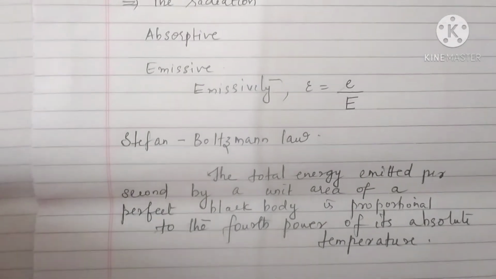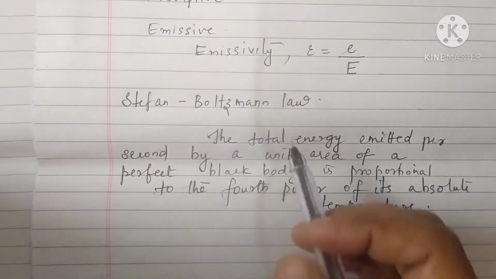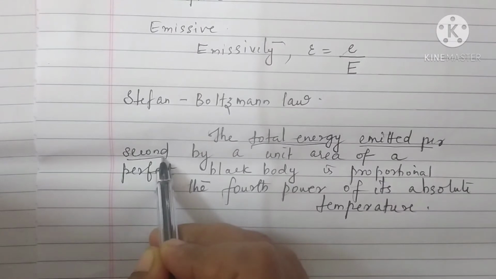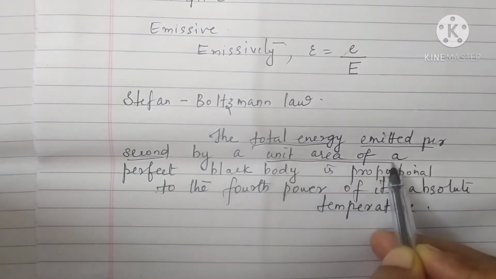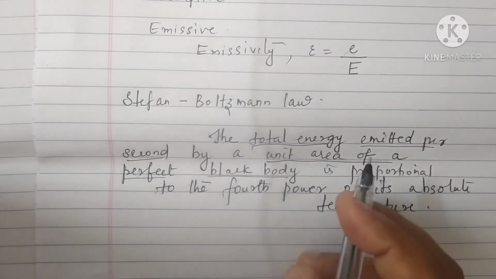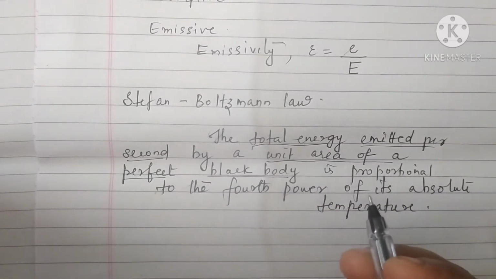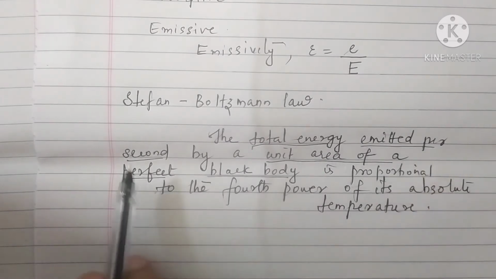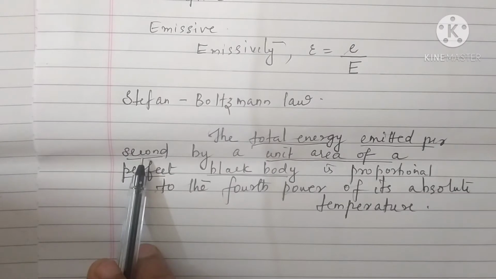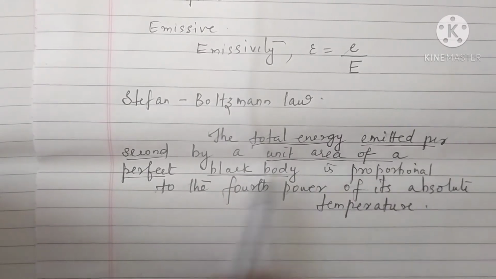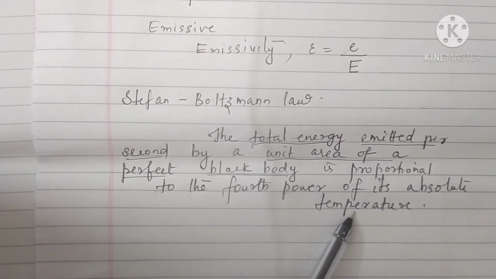So in this law it is stated that the total energy emitted per second by a unit area of a perfect black body, that means in a particular interval of time, is proportional to the fourth power of its absolute temperature.